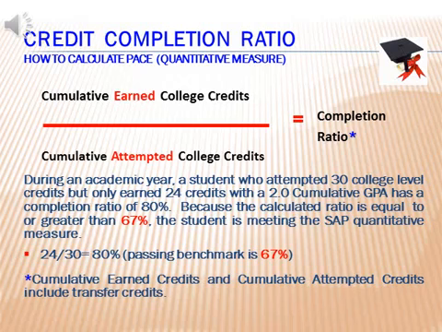The student is meeting the SAP quantitative measure. 24 divided by 30 equals 80%. Passing benchmark is 67%. Cumulative earned credits and cumulative attempted credits include transfer credits.